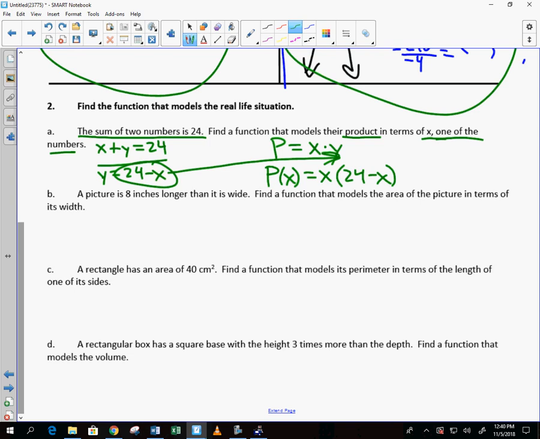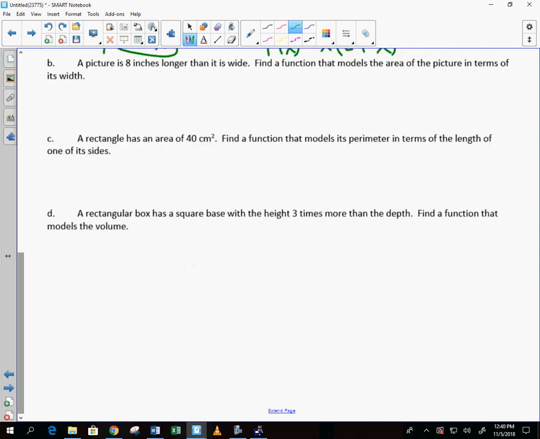A picture is 8 inches longer than it is wide. Find a function that models the area of the picture in terms of its width. I have a picture. I have width. I have length. So how would I write an expression for the area? Area is length times width.